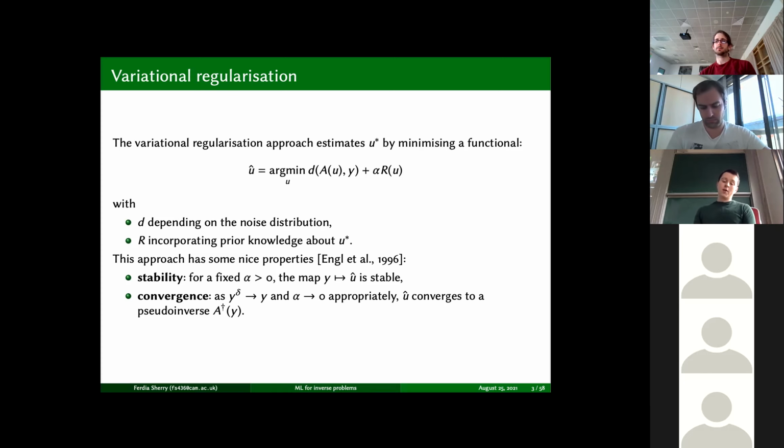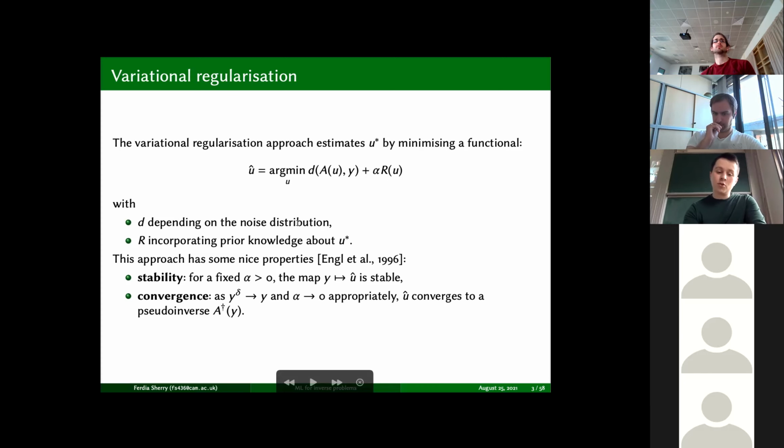basically with this variational regularization approach, you often reach a limit. All of these regularization functionals are handcrafted, and generally you end up with some tunable parameters.